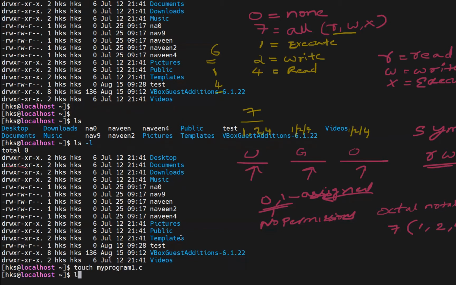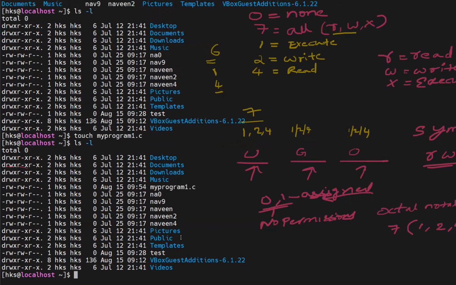Now I have my program, and by seeing this, I know it has read and write, but no execute permissions. If I want to assign execute permission with octal notation, I will say chmod.